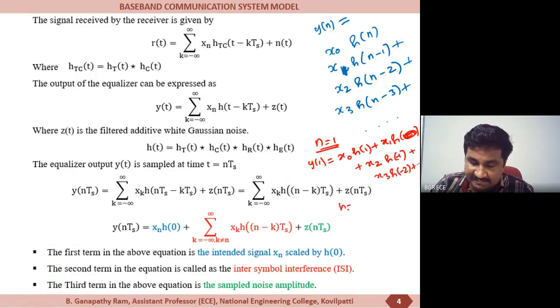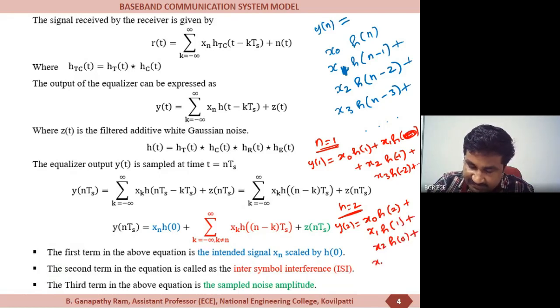If you substitute n equal to 2, y of 2 can be written as x0 h of 2 plus x1 h of 1 plus x2 h of 0 plus x3 h of minus 1, and so on.